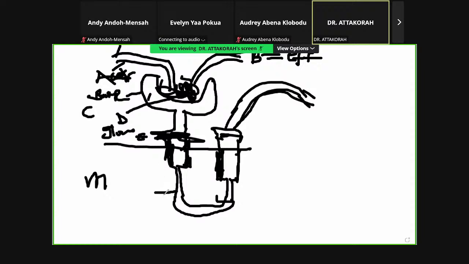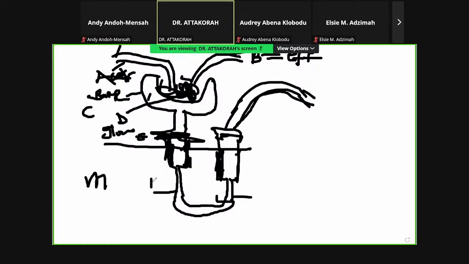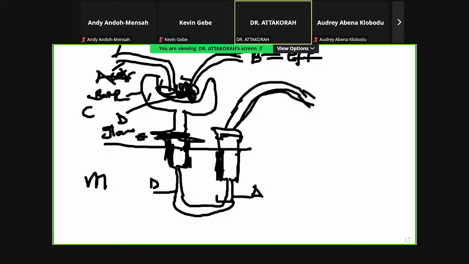This is what? The ascending and descending loop of Henle. So this is descending and this is ascending loop of Henle. If I ask you about the mechanism of Lasix, where does Lasix act?